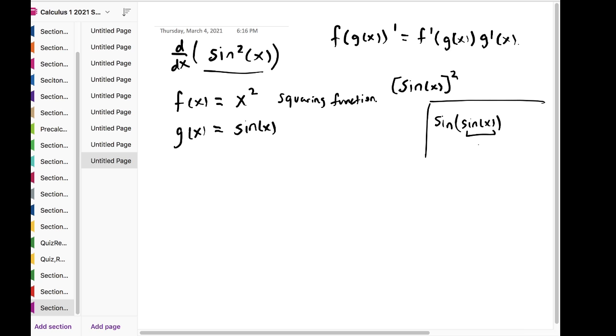Okay, so we need f prime. What's f prime? Two x, and then what is g prime? Cosine, yeah. Okay, so what is f prime of g of x times g prime? What happens when you plug g of x into f prime?